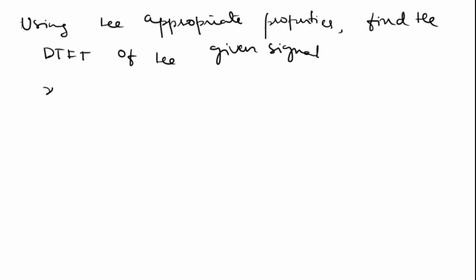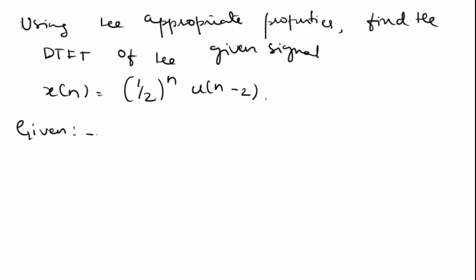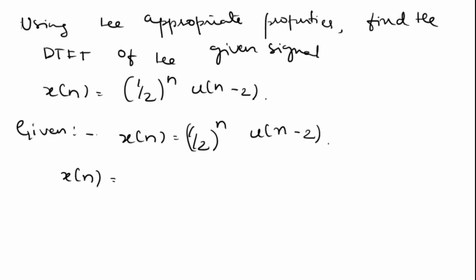It is given x of n is equal to half to the power n into u of n minus 2. We can write it as x of n is equal to half to the power 2 into half to the power n minus 2 into u of n minus 2.